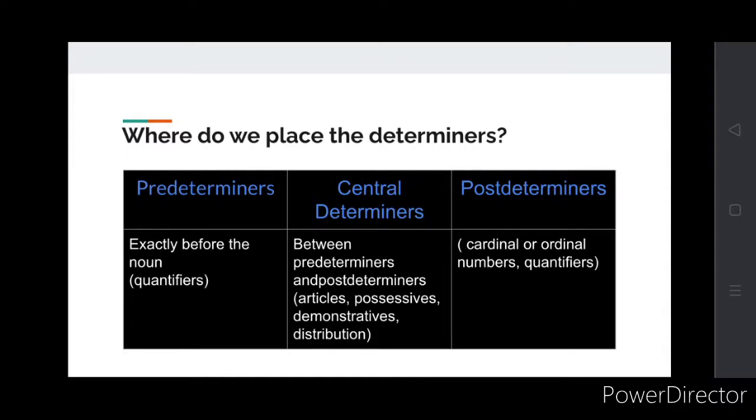So the is the central determiner, and generally in central determiners we use articles, possessives, that is my, your, our, demonstratives, these, that, those, and distributive determiners. And then post determiners. Post determiners are generally cardinal or ordinal numbers, that is 4, 5, first, fifth. These are cardinal and ordinal numbers that we use.